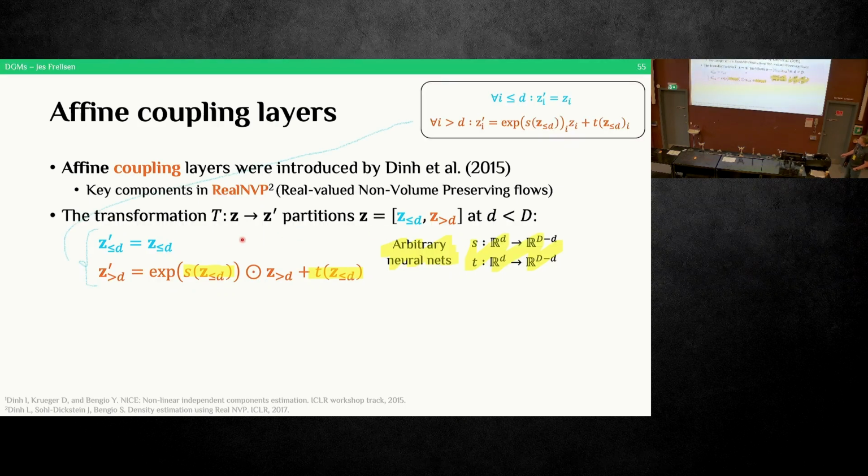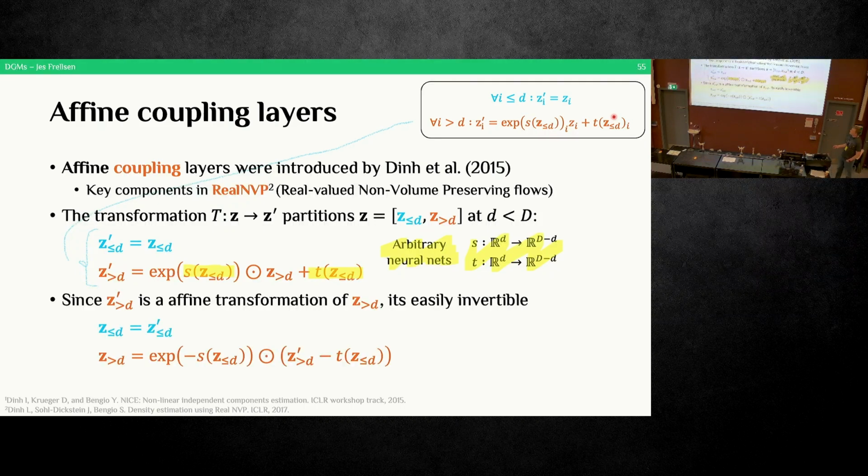Just to recall, for any of the first d i's, I just copy over the exact value, and for any of the remaining ones, this network output is like a multi-output neural network, and I take out the ith value. So it's just a scalar I get out here to scale the ith value, and then I just have a scalar here. So I also pick out the ith value of the translation network.